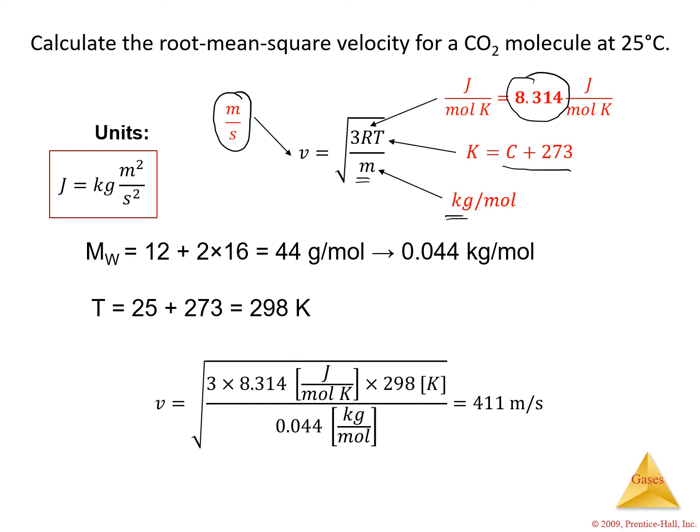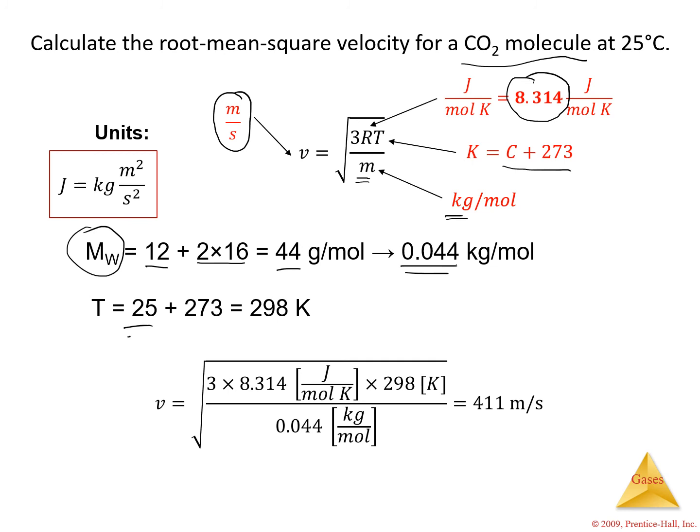So in this particular case, we have the molecule carbon dioxide. So we're starting with calculating the molecular weight of carbon dioxide as always. This is 12 for carbon plus 2 times 16 for oxygen, which gives you 44 grams per mole. But you really have to convert these grams to kilograms. So the easy conversion is just to divide this by 1,000. So this is why you have this number as a conversion.